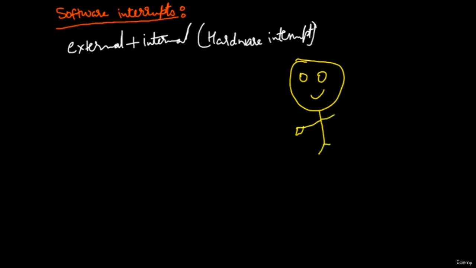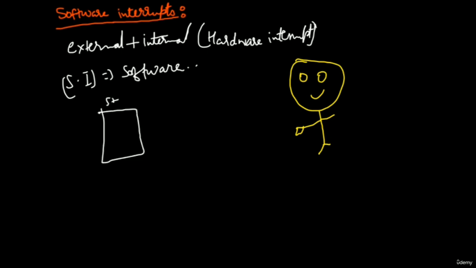Software interrupts occur in the software, obviously. The reason they appear, in one line: let's say we have a stack and the equation x plus y is equal to 5, where x itself is 3k and k is equal to 1.